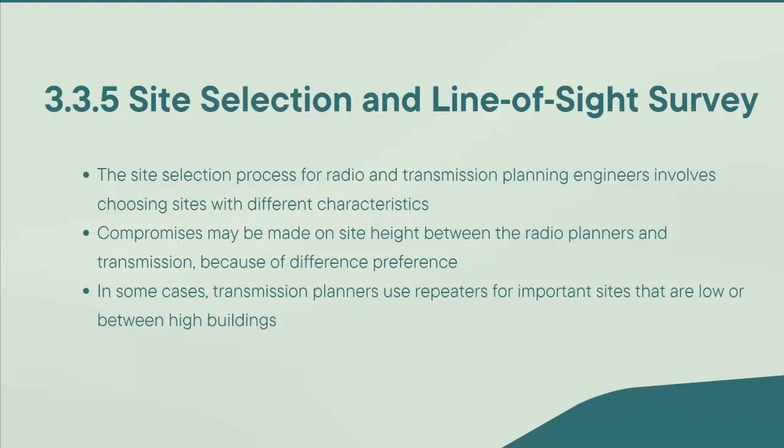So there is a contradiction between the preferences of the radio planners and the transmission planners, and a compromise must be made. They both must agree on the importance of connectivity, and compromise may be made on the height of the site. In some cases, they use one kind of solution, repeaters.